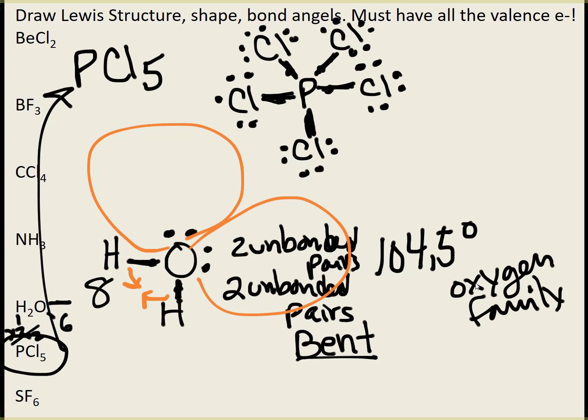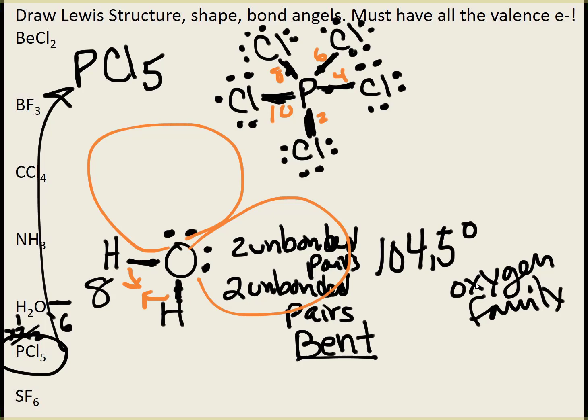How many valence electrons are around that phosphorus? Well, 2, 4, 6, 8, 10. Wow. And that's because phosphorus is a larger atom than, say, nitrogen. So phosphorus can make that trigonal pyramidal shape, but it can also make what's called an expanded octet.